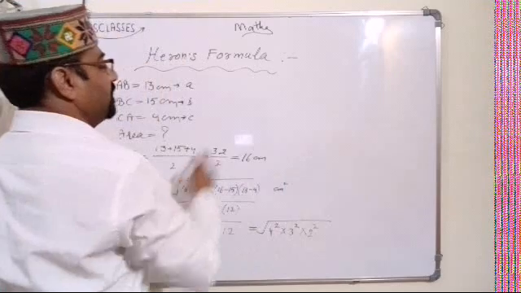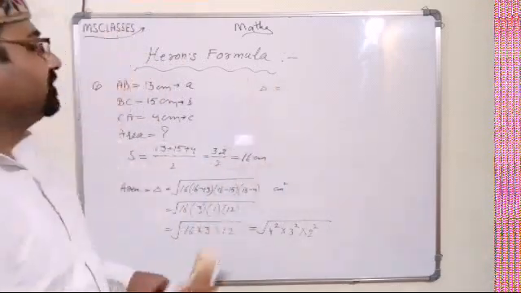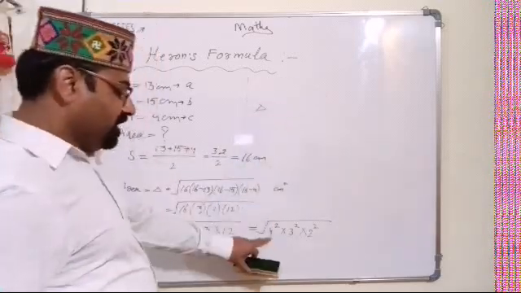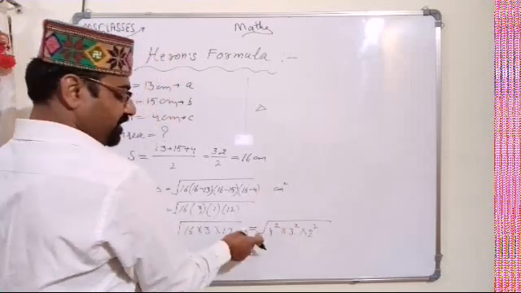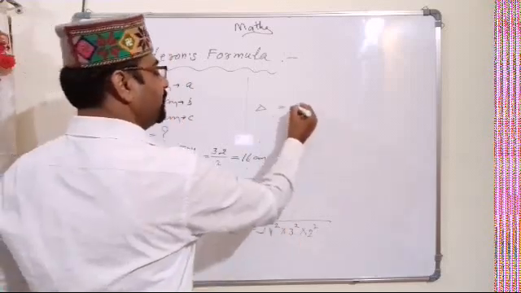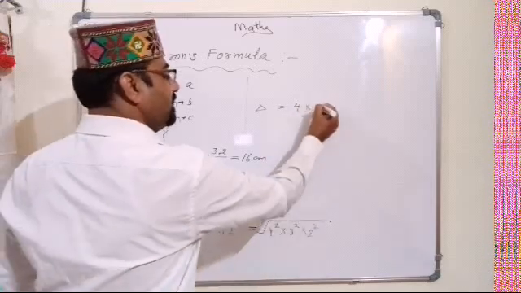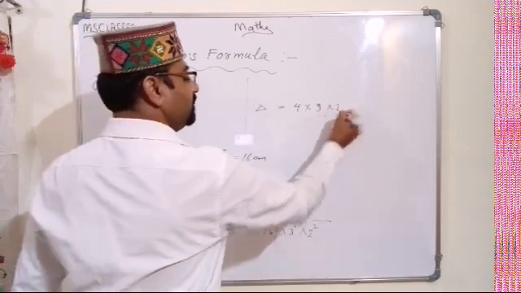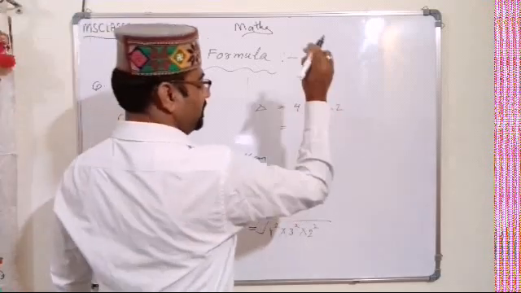Okay, now area is equal to square root of 4 square into 3 square into 2 square. When taking outside from the square root, this will become only 4, 3 square only as a 3, 2 square only as a 2, and this is equal to 4 times 3 is 12, times 2 is 24.